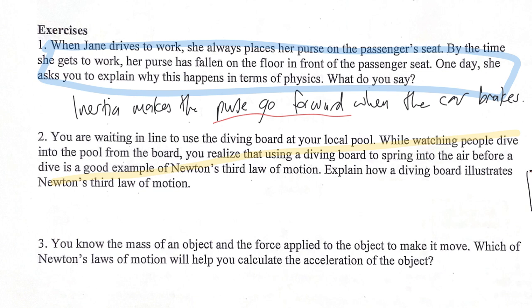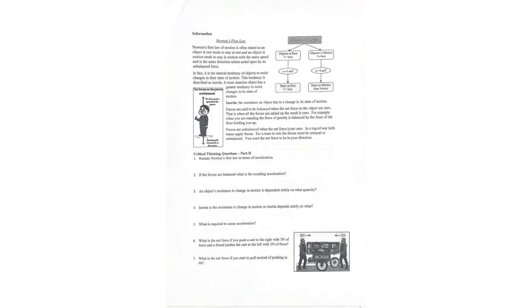So inertia makes the purse continue to move forward when the car brakes. Okay, so the purse wants to continue to do so. When the car brakes, everything around the purse slows down whilst the purse continues to move forward. All right? So it's the idea that the purse will continue to move forward.